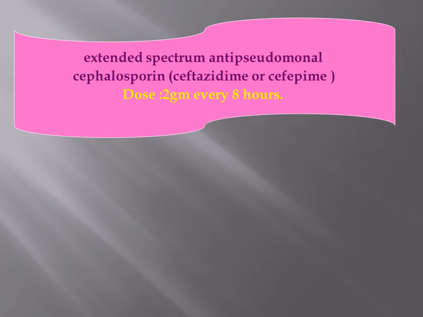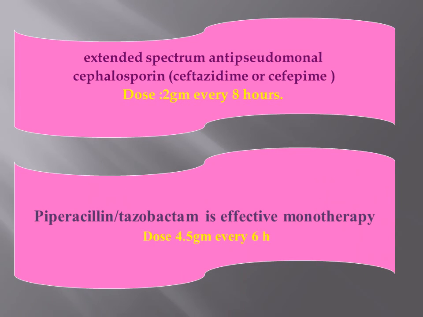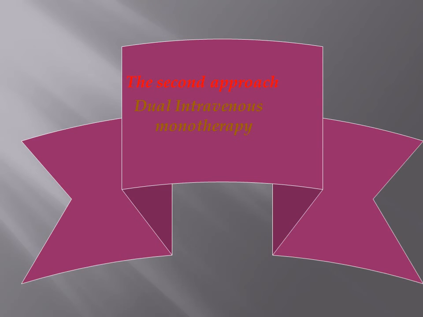Extended spectrum anti-pseudomonal cephalosporin, ceftazidime or cefepime in a dose of 2 gram every 8 hours. Piperacillin tazobactam is also an effective monotherapy in a dose of 4.5 gram every 6 hours.